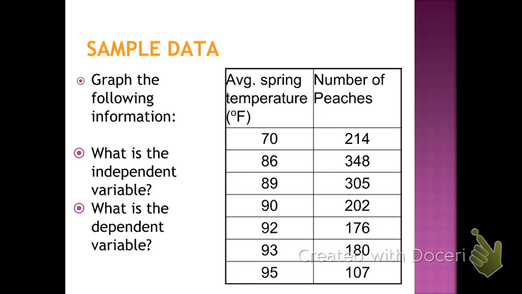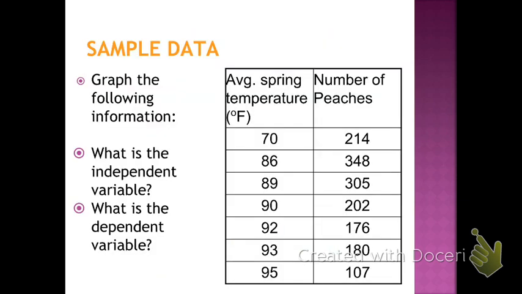So it's the spring temperature. That's the thing that can change, right? And then the dependent variable is the number of peaches. The number of peaches is probably dependent on the temperature. So like, I don't know, if it's hotter, we might get fewer peaches. If it's colder, we might get more peaches. So this is the independent variable.